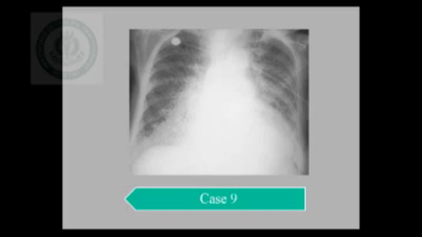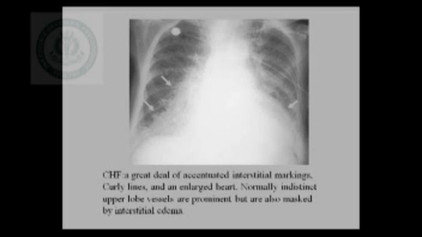Now, here the right and left heart borders are obscured, and you see multiple streaky opacities projecting from both borders of the mediastinum, and this appearance gives an apparent cardiomegaly-like appearance. Now, when you take an X-ray after diuretic, what happens?